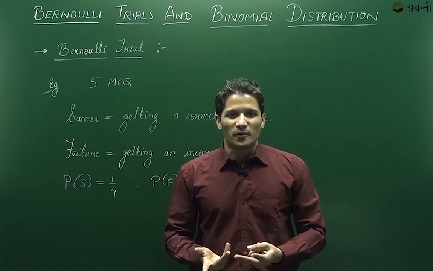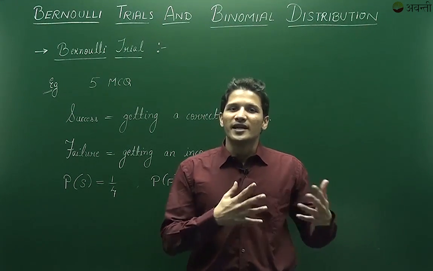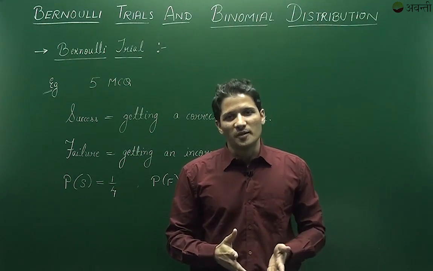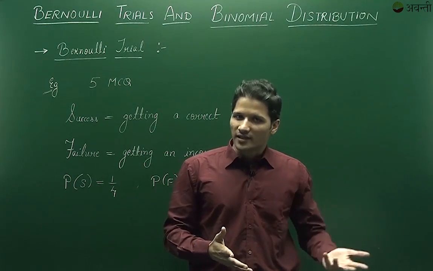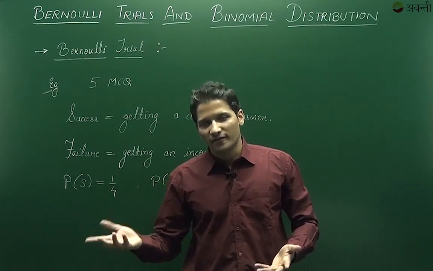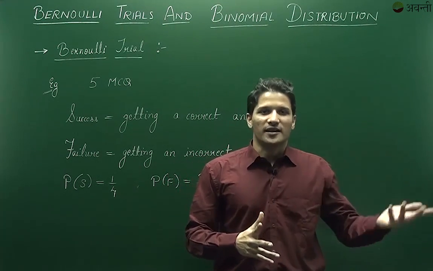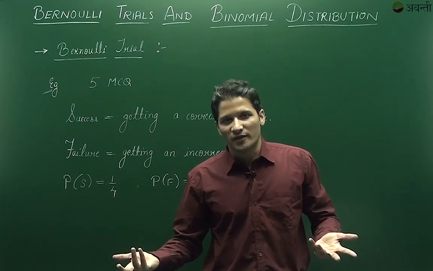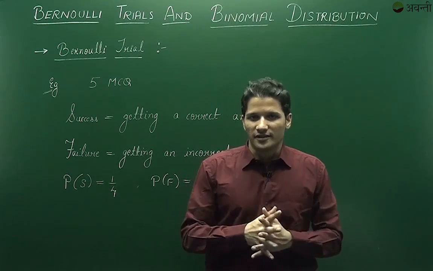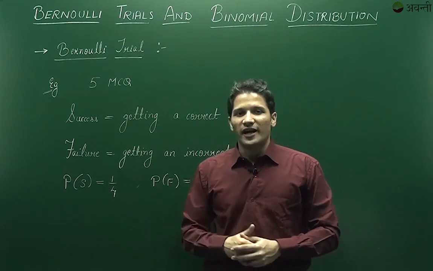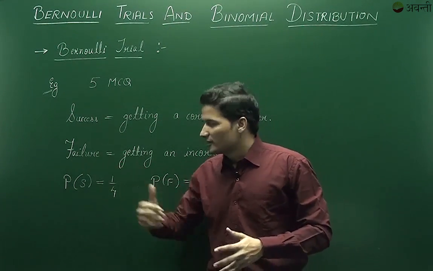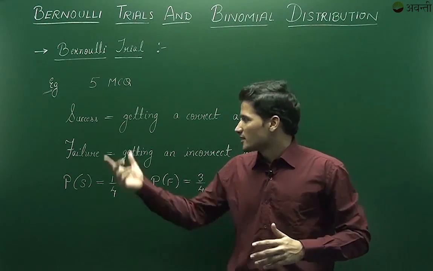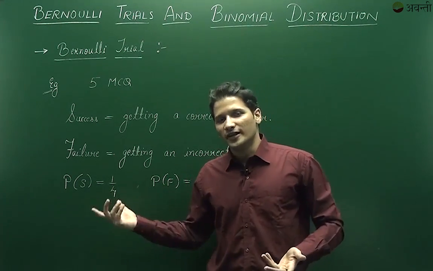So only 2 outcomes are possible, head and tail. In such cases where there are only 2 possible outcomes, you define the terms success and failure. If you get a success, then there's no possibility of getting a failure, and vice versa. So in this case also we defined 2 outcomes: if the option is correct, it's a success, and if it's incorrect, it's a failure.